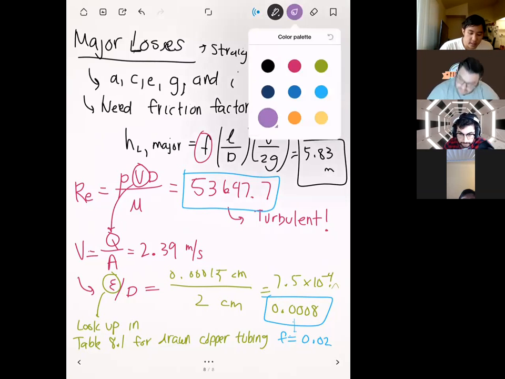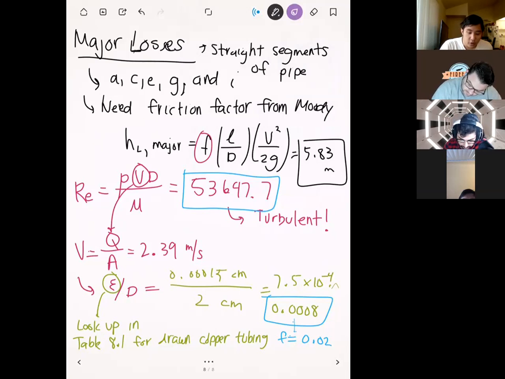And so the key here for the major losses, and the major losses are nice, even though we have 1, 2, 3, 4, 5 segments, this L right here, since we're doing a single pipe, is the total length.